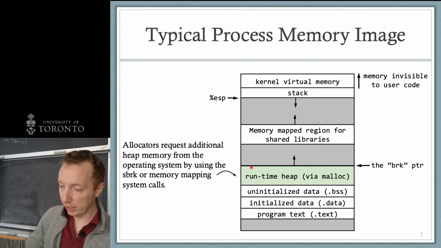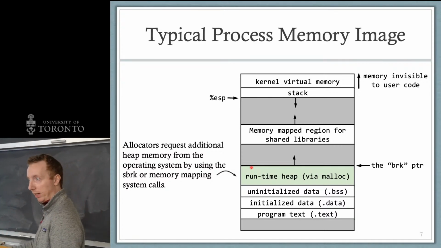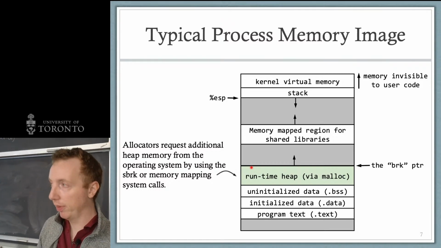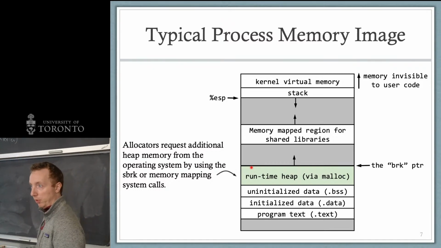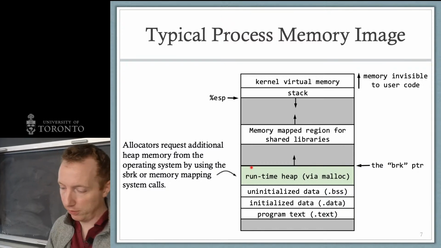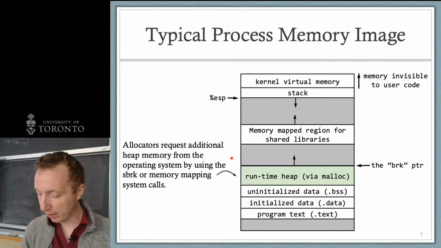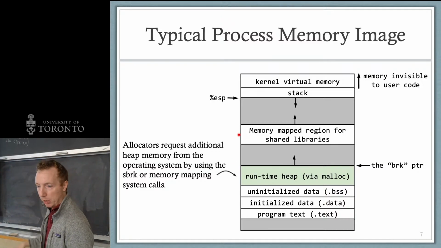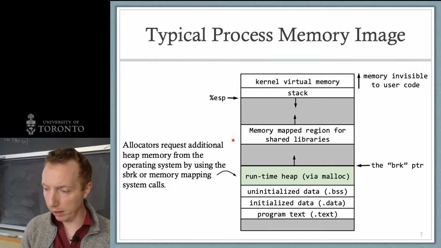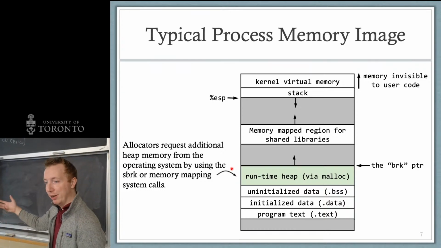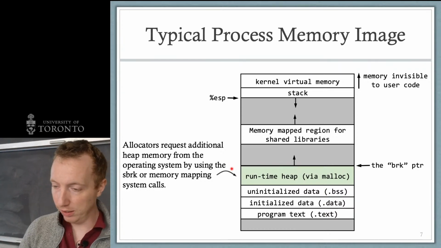And then the heap might be here, which is just one big region of memory. Things like malloc are supposed to use just the heap for allocations, although most general allocators nowadays also do memory mapping, just to get bigger blocks of memory and hopefully free them more easily than one giant contiguous region.